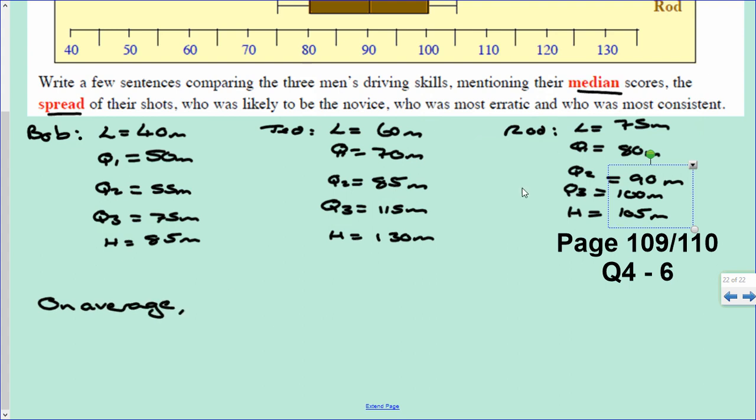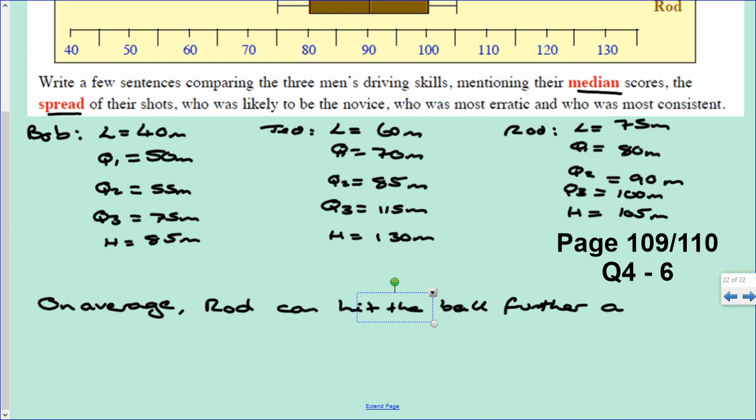And then because 90 is your highest one, Rod can hit the ball further, as his median is highest. Just because we've got 3 number comparisons, so it makes it a wee bit confusing.